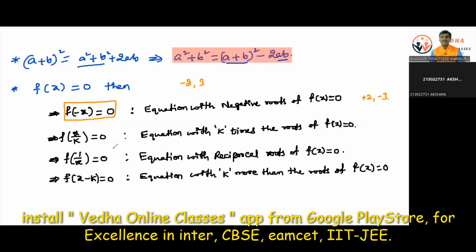Next, the second case is the equation with k times. For example, k times means 2 into k, 2k. Roots multiplied by k means we have to divide by k.